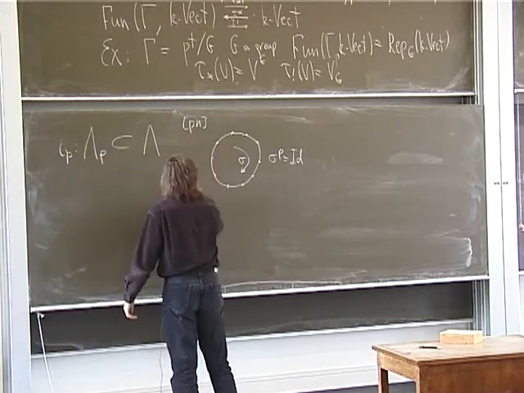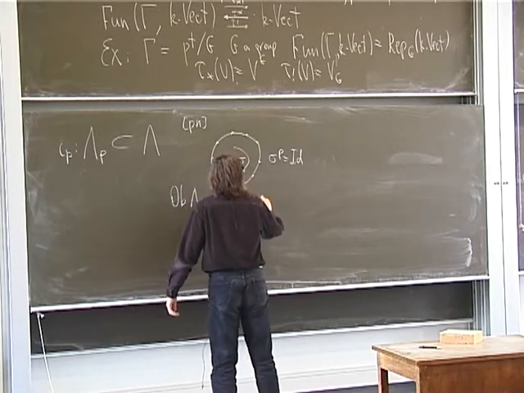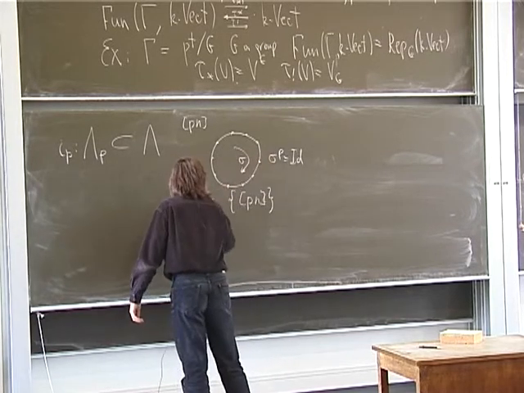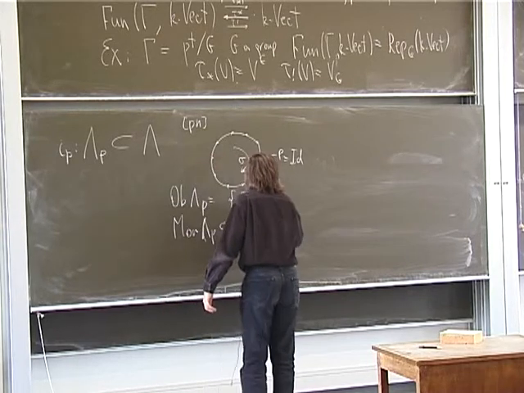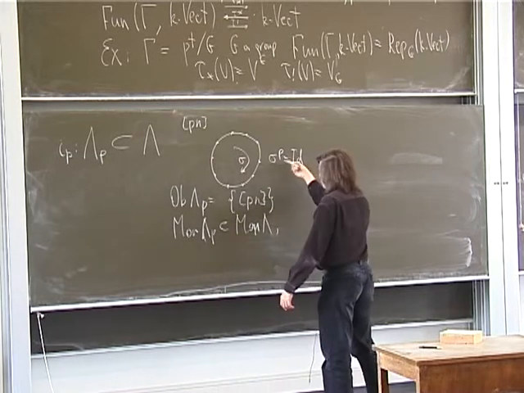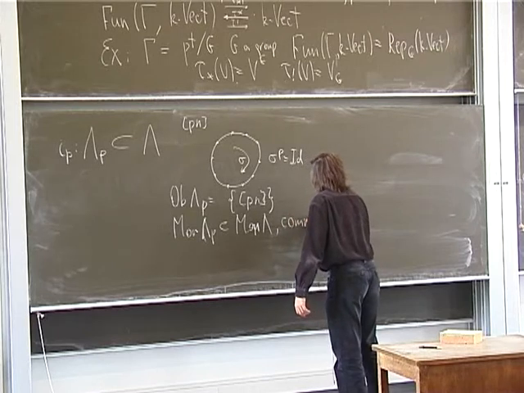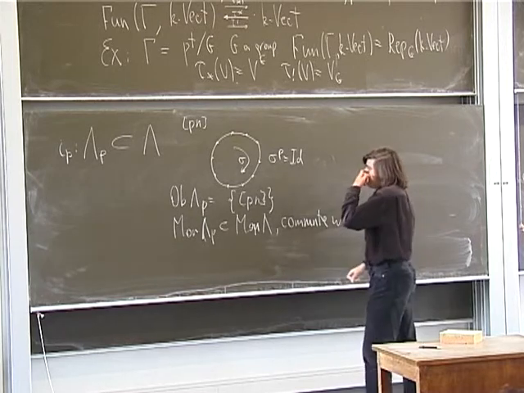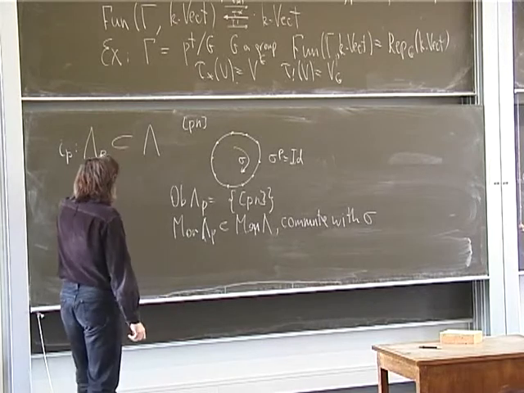So objects are just the set of all Pn, and morphisms are morphisms of lambda which commute with sigma. So this is a subcategory here, not a full one, by the way, just a subcategory.